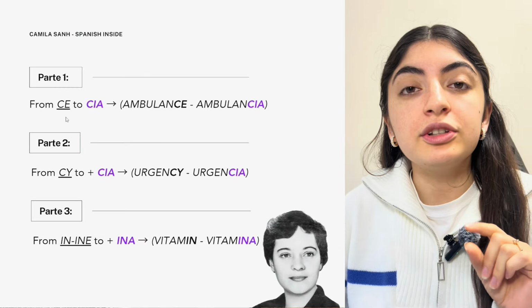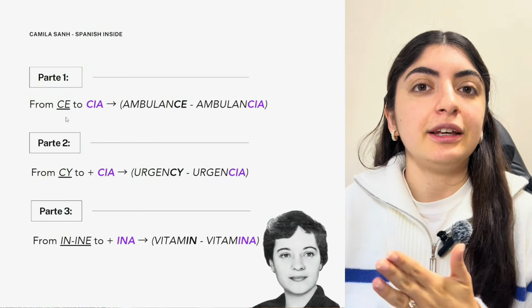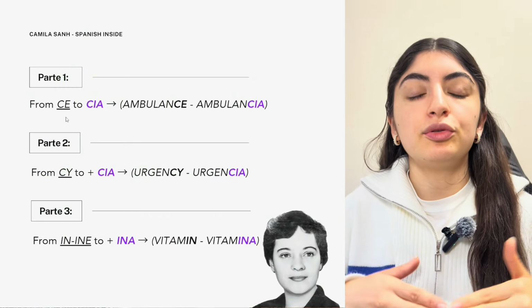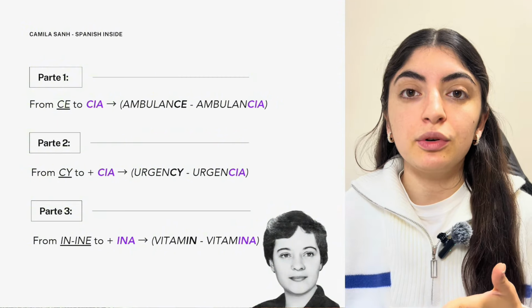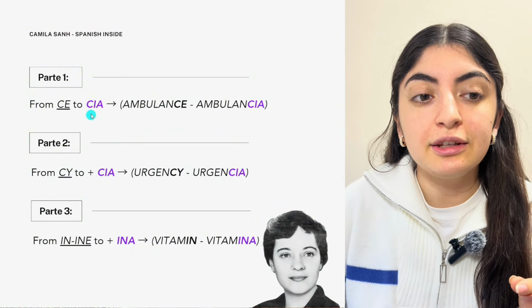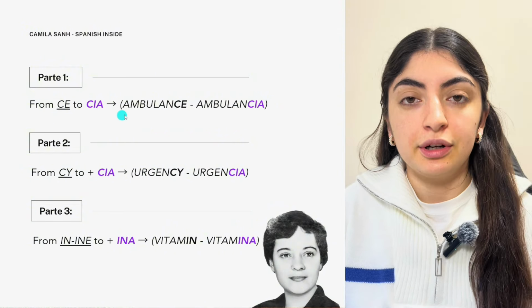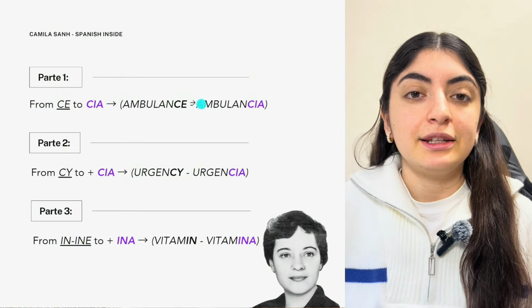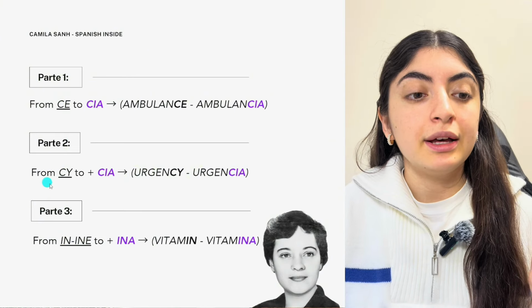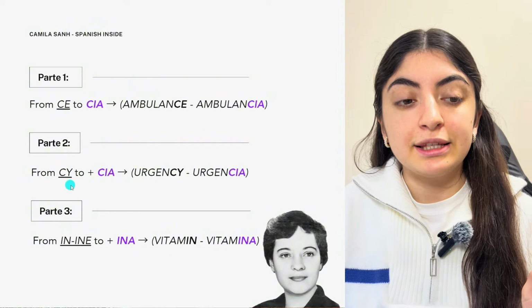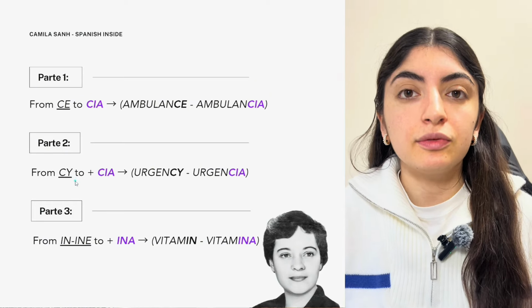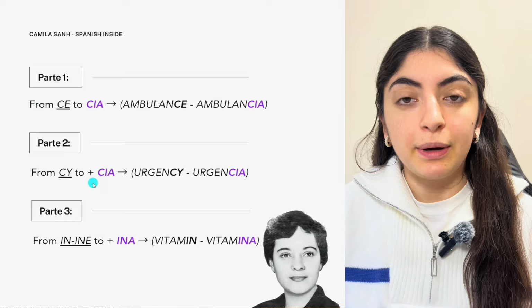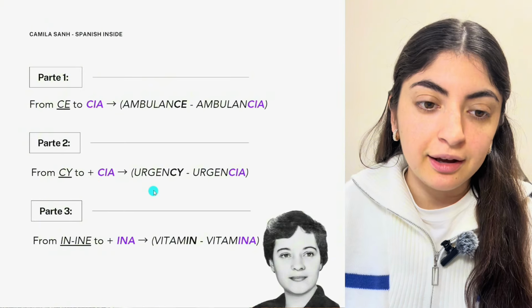We have words in English that end in -ce. We are going to transform them into Spanish words by changing this ending to -cia. For example, ambulance, ambulancia. Then the second part, we have words ending in -cy and transform them into Spanish words with -cia.